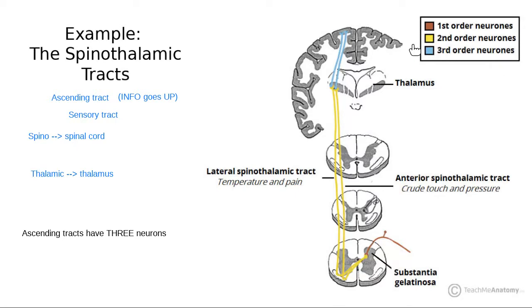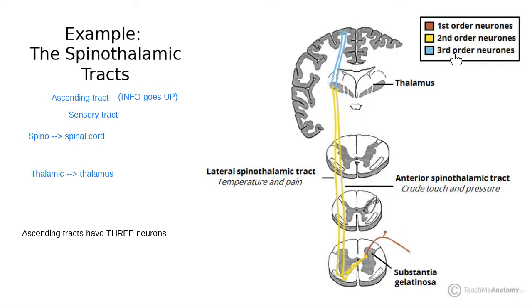We've got 3 neurons involved in an ascending tract. We have the first order neuron, the neuron that comes first, unsurprisingly. We have the second order neuron, and then we have the third order neuron.